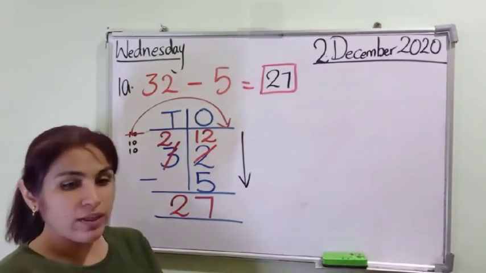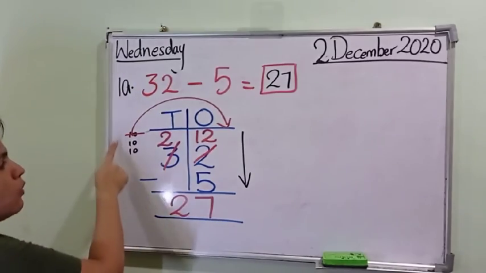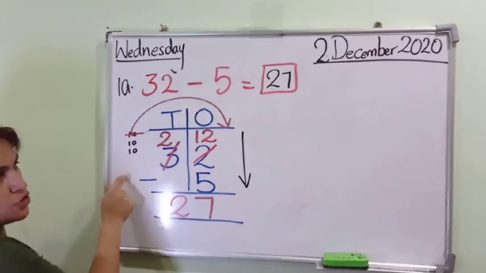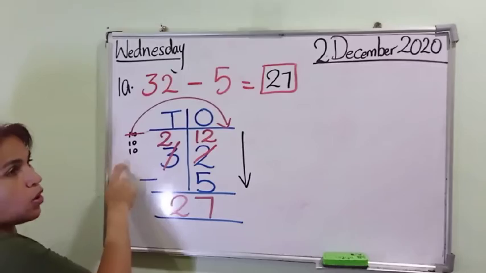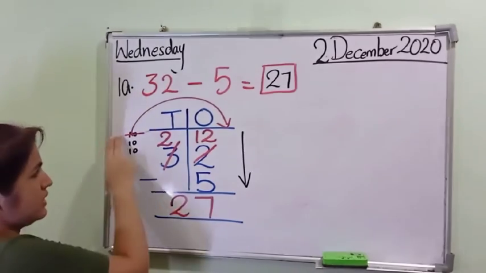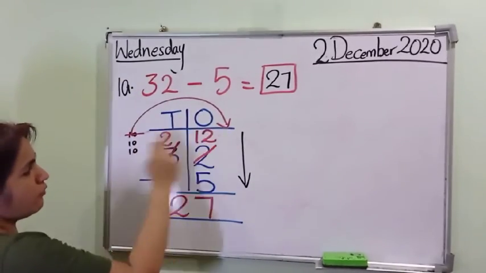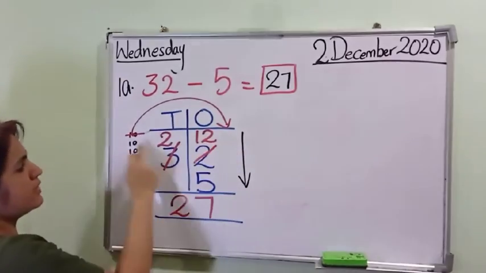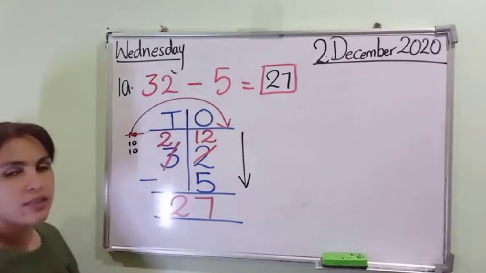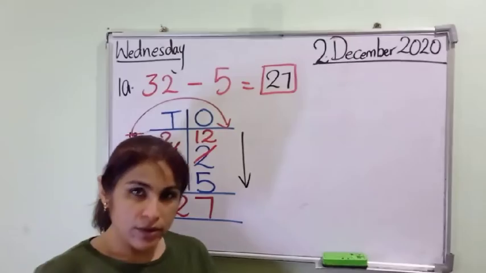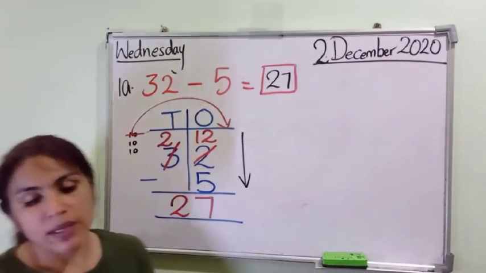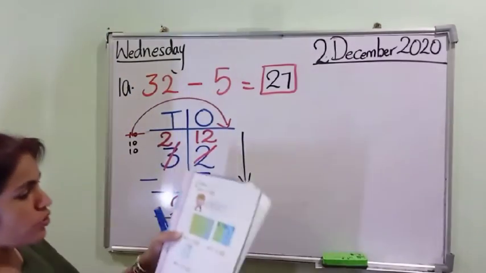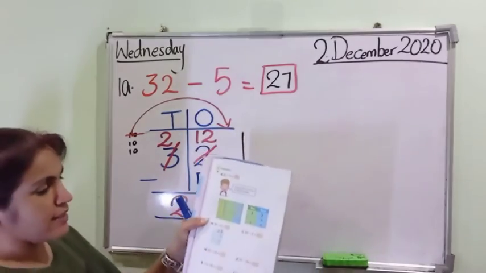Because when you draw the table, I want to see this small working over here, how many tens are there. When the one 10 has gone here, it has become 10 plus 2, which has turned to 12. Okay, now let's look at the next question, that is 40 minus 6.